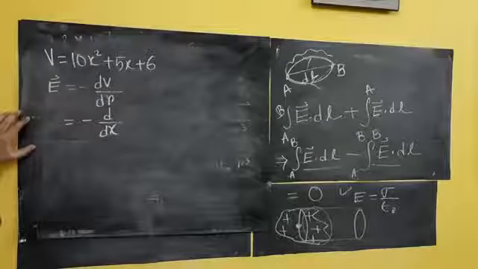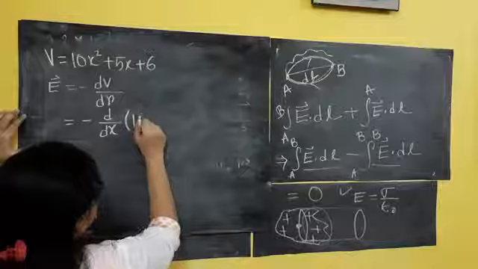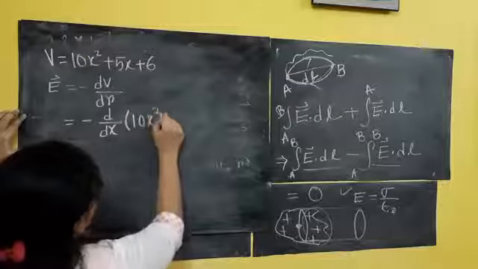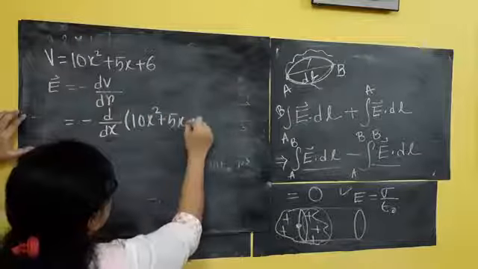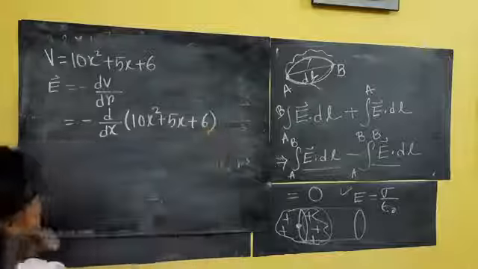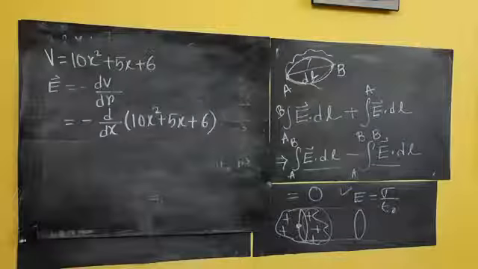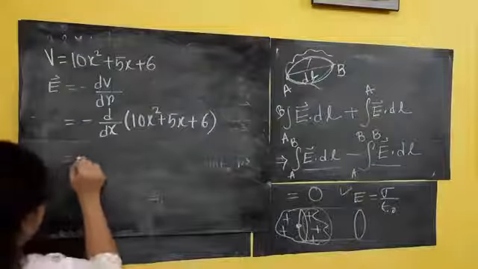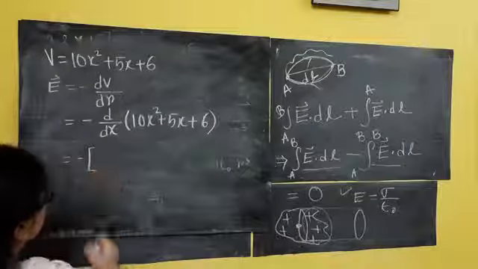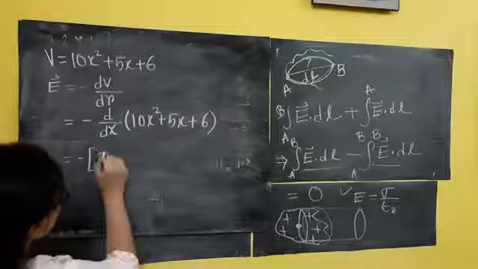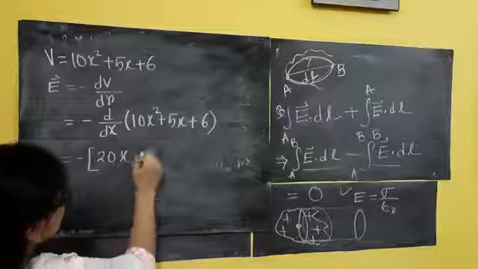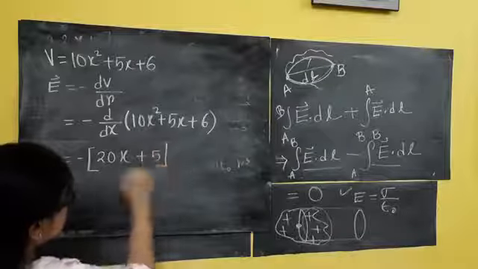So minus d by dx of 10x square plus 5x plus 6. Do the differentiation, taking the minus outside: that is 20x plus 5, and the constant quantity gives 0.